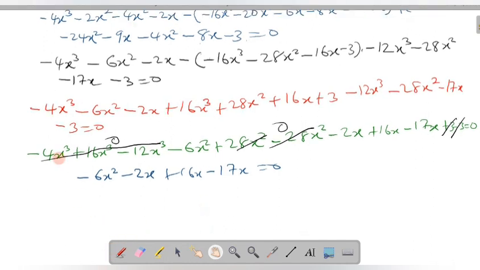Now minus 2x plus 16x minus 17x is minus 3x. So we are left with minus 6x squared minus 3x equal to 0. You can see that 3x is common.